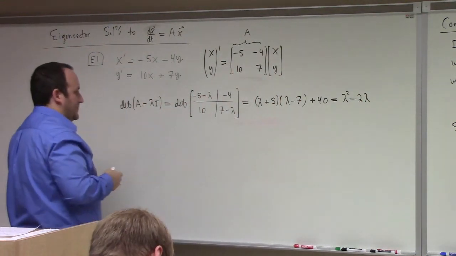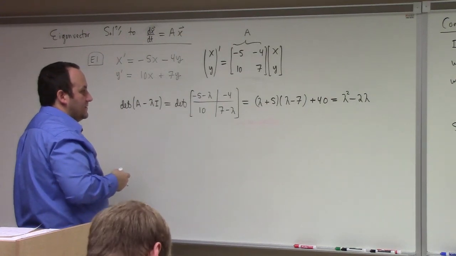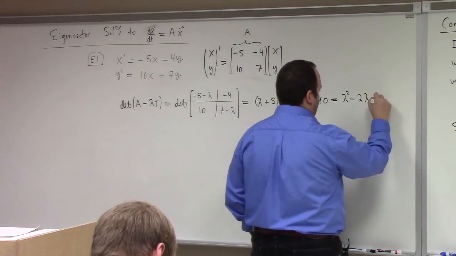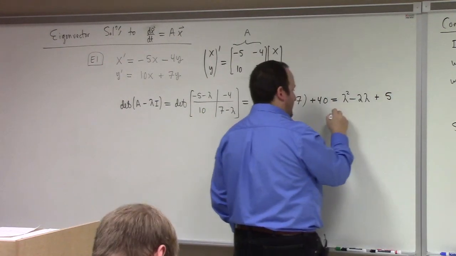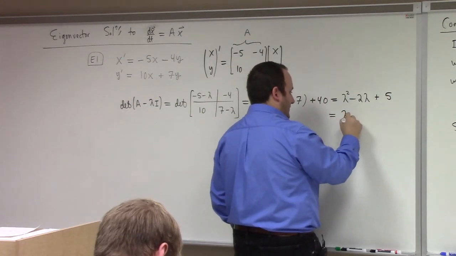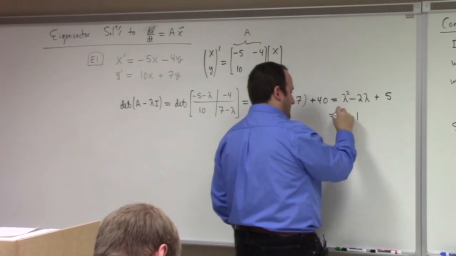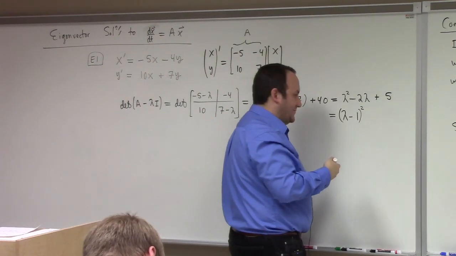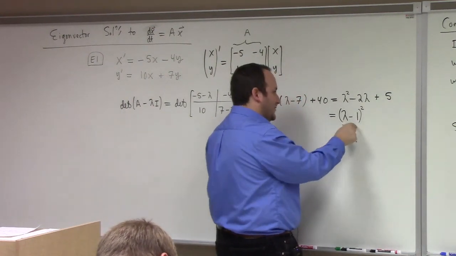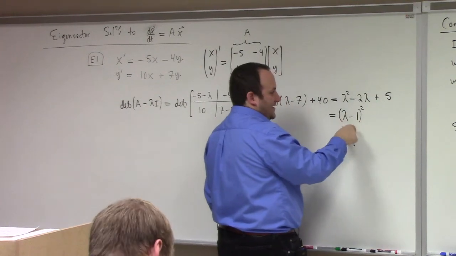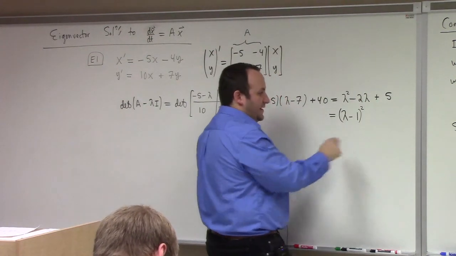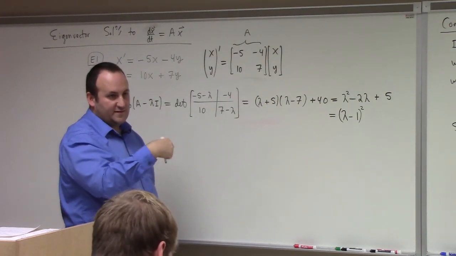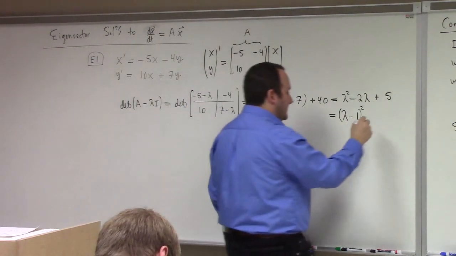I said minus 5, but I was wrong. Oh, yeah, thanks. You guys are ahead of me. Good. Now we complete the square, as it reminds us of middle school. I'm sorry, that was a comment from my universe, perhaps not yours. Lambda minus 1 squared. So that reproduces the lambda minus 2, and it also adds 1. But I've got 5. So to be fair, I need to change the 5 to a 4. Yeah, 2 squared.